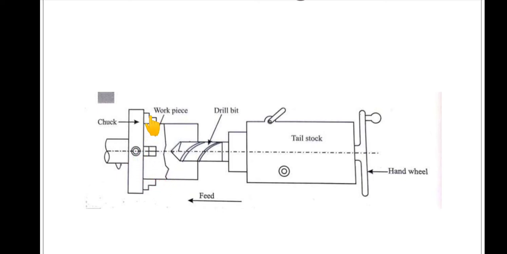The workpiece is fixed to the chuck, which is at live center, and this rotates, and the drill bit is stationary. We are going to feed this tailstock against the rotating workpiece. So why do we have to move the tailstock? The tailstock consists of this drill bit. By rotating this hand wheel, we can give the feed or depth of this tool to obtain the cylindrical surface.